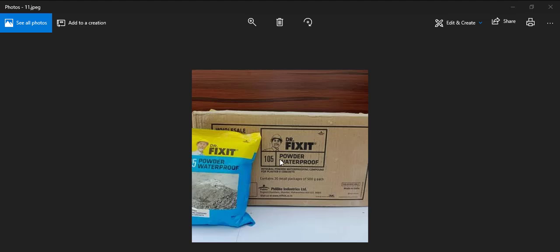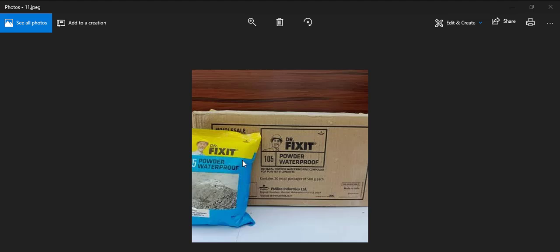So whenever you are working in a waterlogged area, this is a must for you to use. It may not be exactly this Dr. Fix It, whatever water resisting admixture that you know of, you should get it. But I use this, and I'm okay with the results I'm getting.